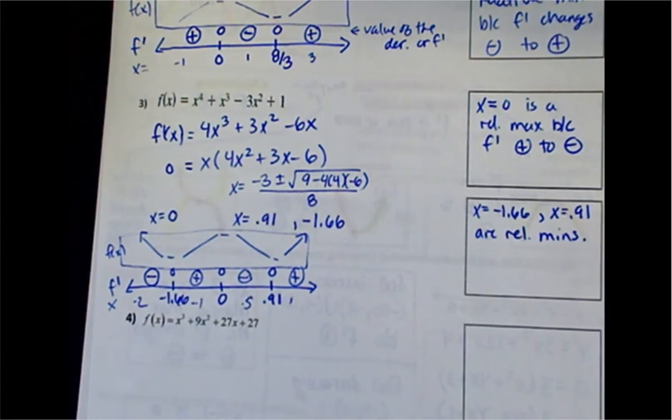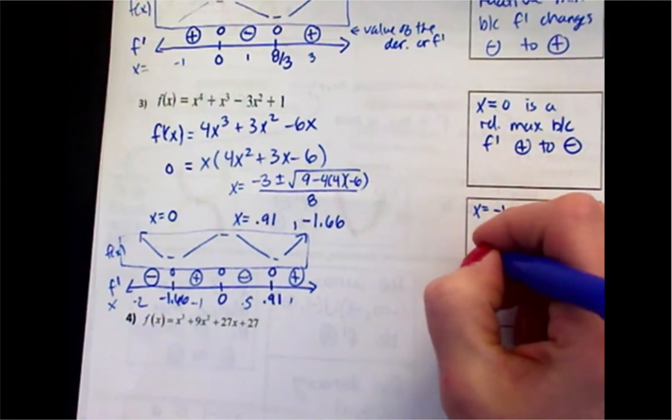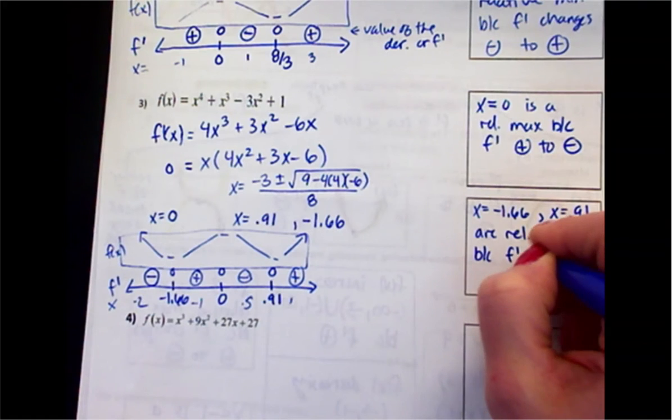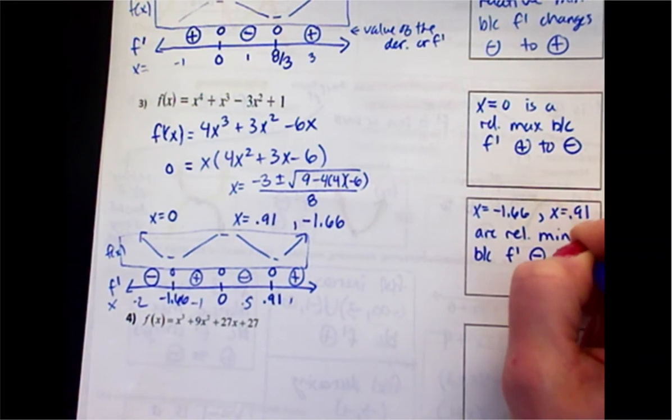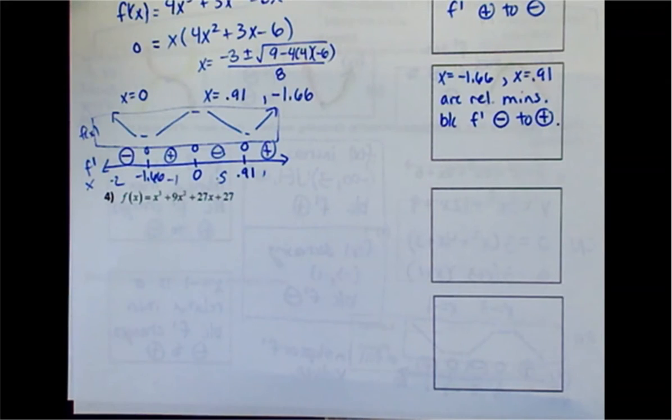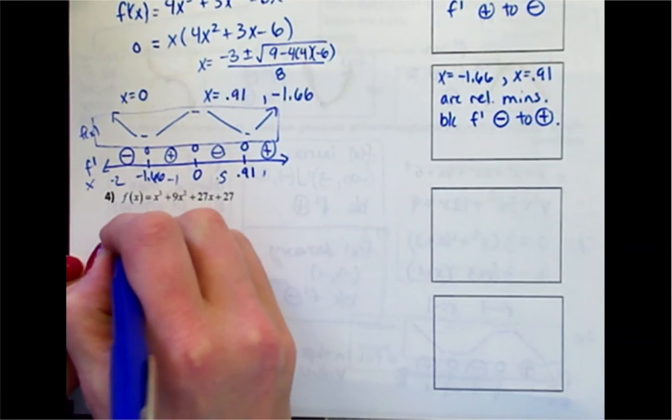They're both mins, just the same sentence, because f prime goes negative to positive, same reason. Okay, see if you can do number 4. Okay, so let's get a little started.